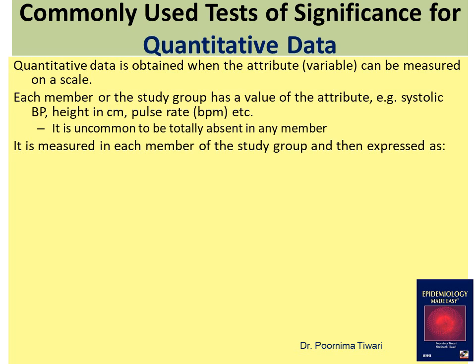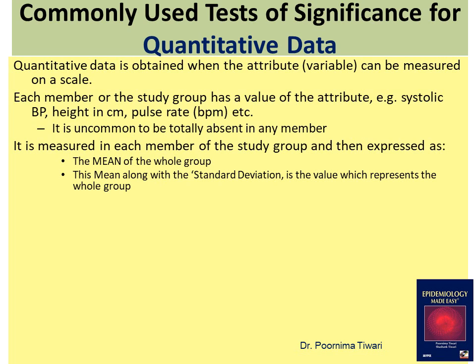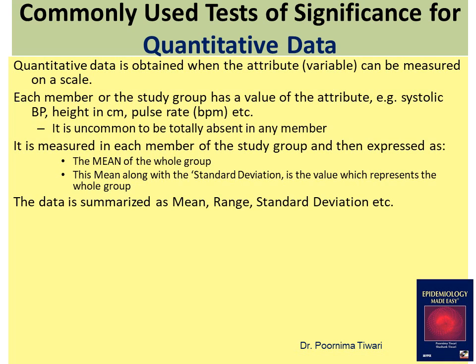So it is measured in each member and then expressed as the mean of the whole group. This mean, along with the standard deviation, is the value which represents the whole group. The data is summarized as mean, range, standard deviation, etc.